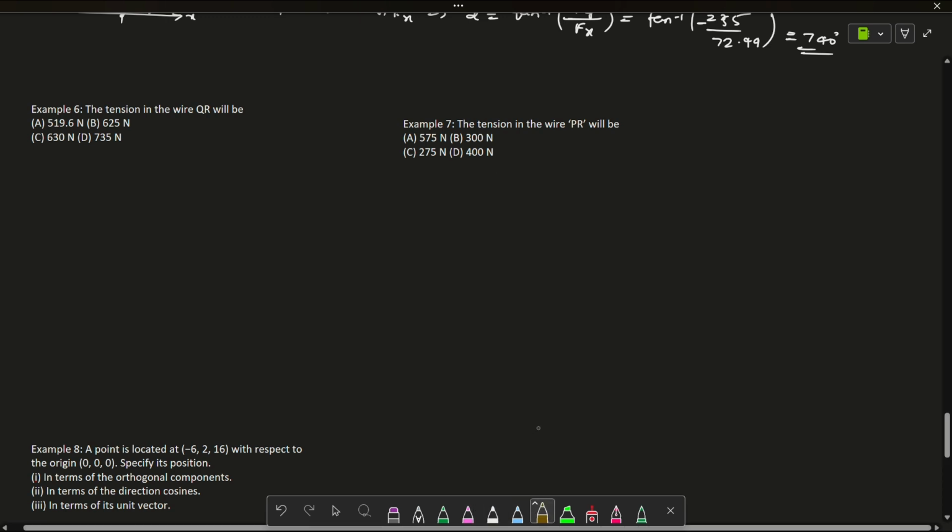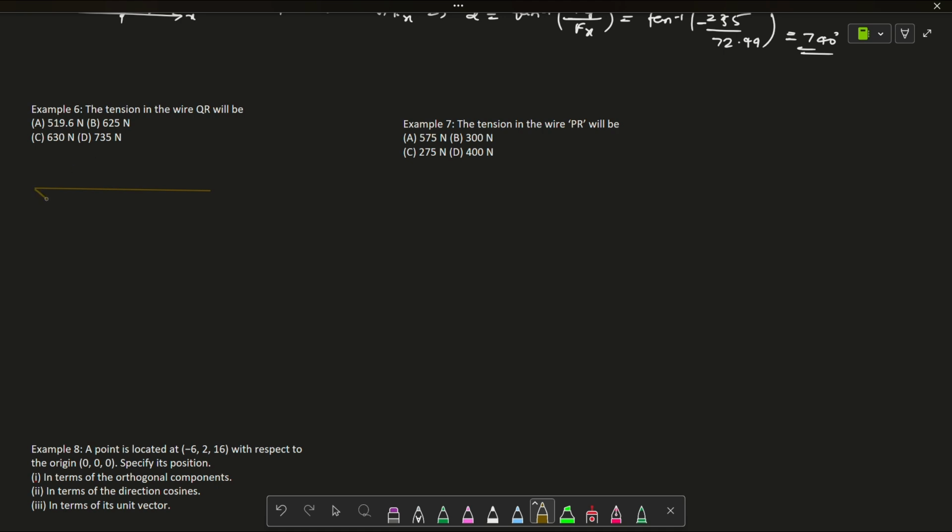For both questions 6 and 7 we have the same picture. I am going to draw the figure here. One second, this line is not horizontal, so I will try to make it horizontal. Okay, this one is perfectly fine.